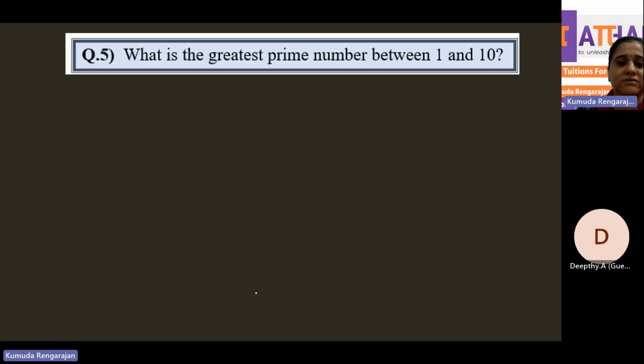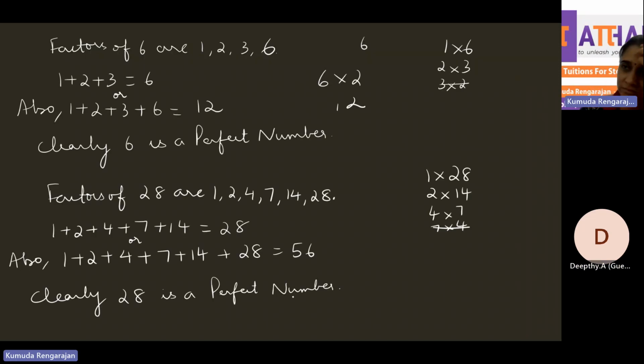Deepthi, understood that? Yes, ma'am. Excluding itself, I didn't add the number 6, no. Then the sum will be the given number only.